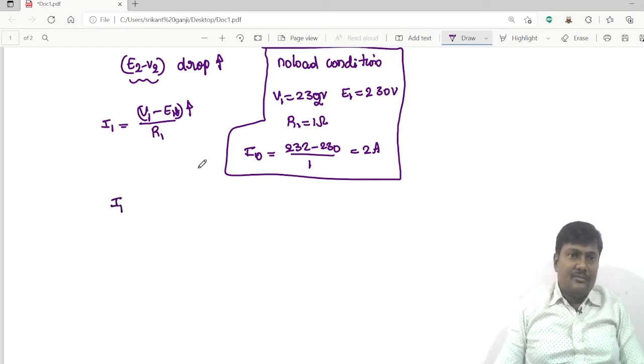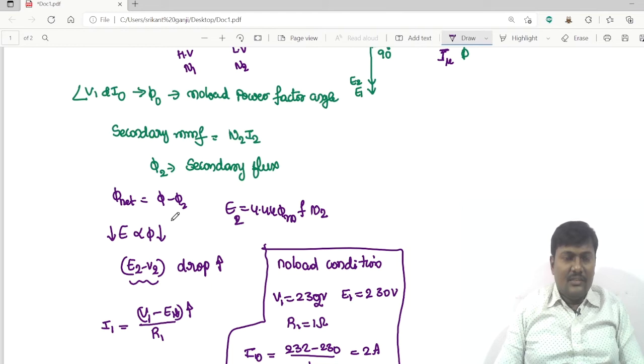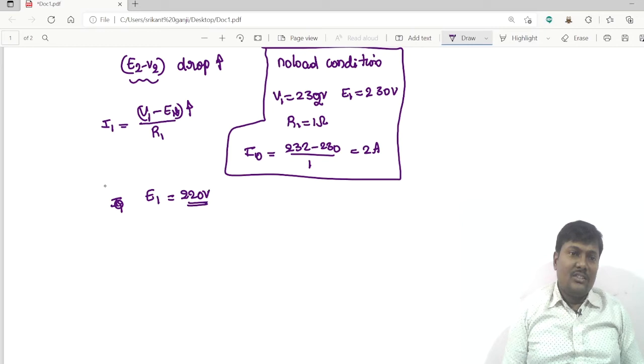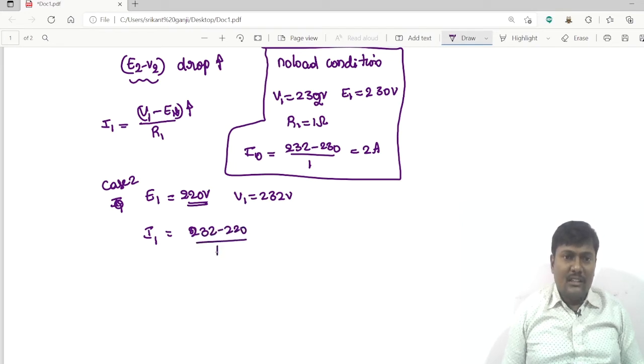Because of flux reduction, the EMF induced in the primary winding and secondary winding both will reduce. Now E1 reduces to 220 volts. This is called case 2, and the supply voltage is constant, that is 232 volts. Now I1 is equal to 232 minus 220 divided by the resistance of the winding, which is constant, that is 8 amperes.